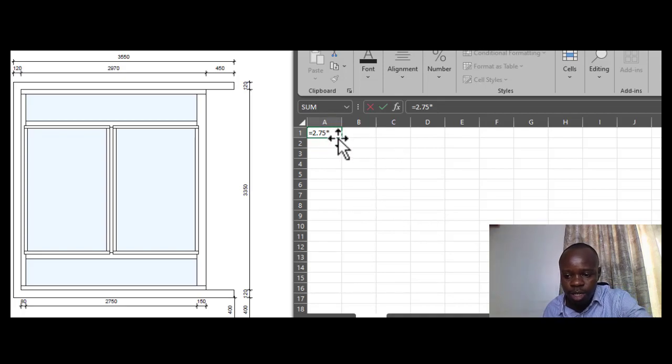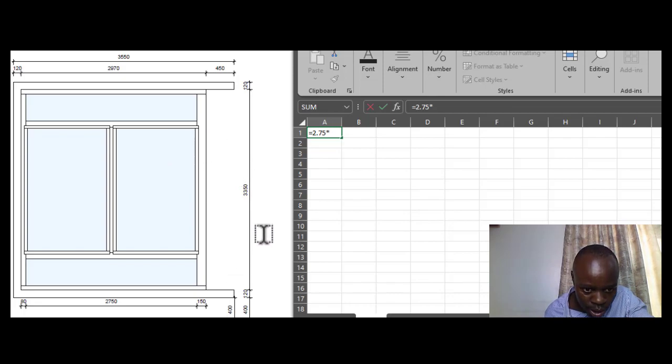Before we calculate the particular panes, of course you will have to get the area for this glazing. But what you'll do is just measure it as it is overall. So overall it would be 2.75, and then we multiply by the height.